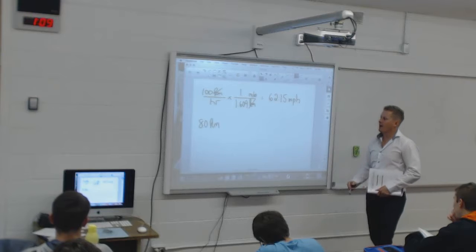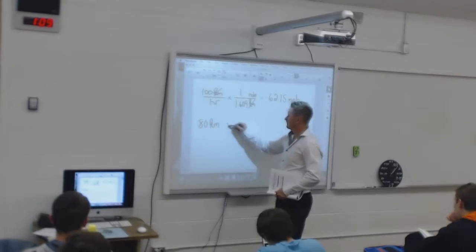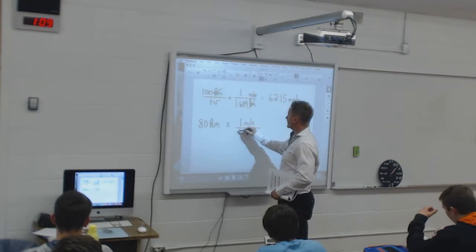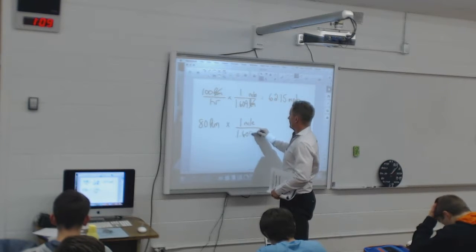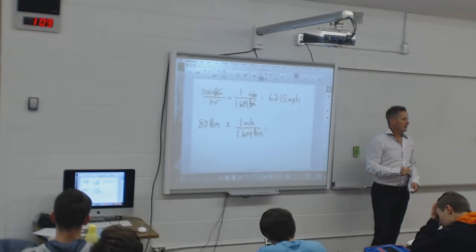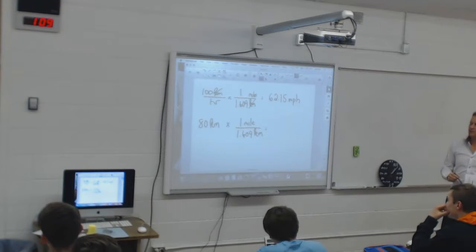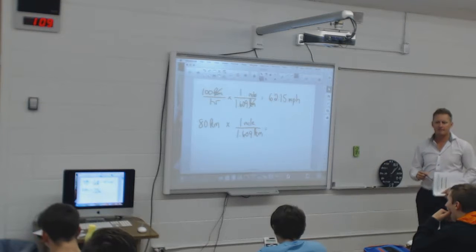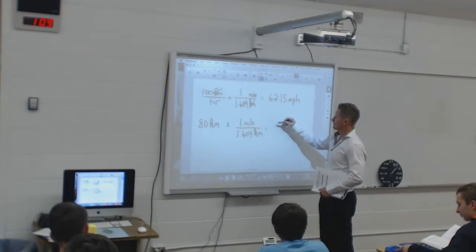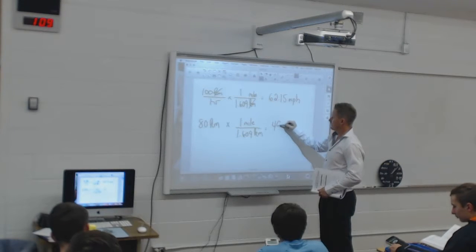So if I can find out how many miles that is, this should be the approximate amount of time it takes for me to get there. So let's take 80 kilometers and divide it by 1.609. 49.72.